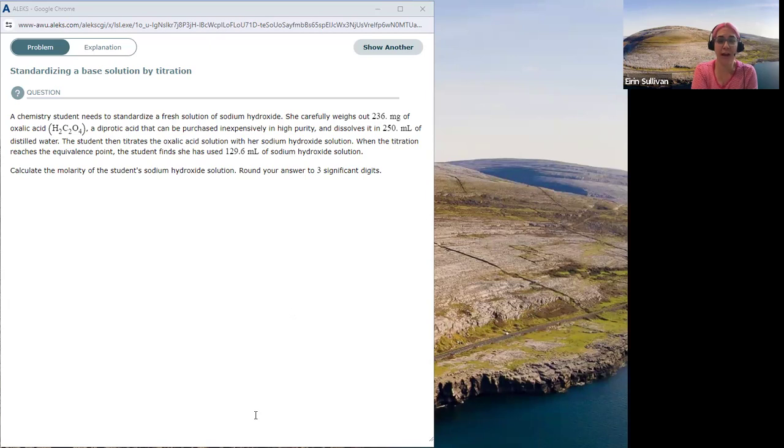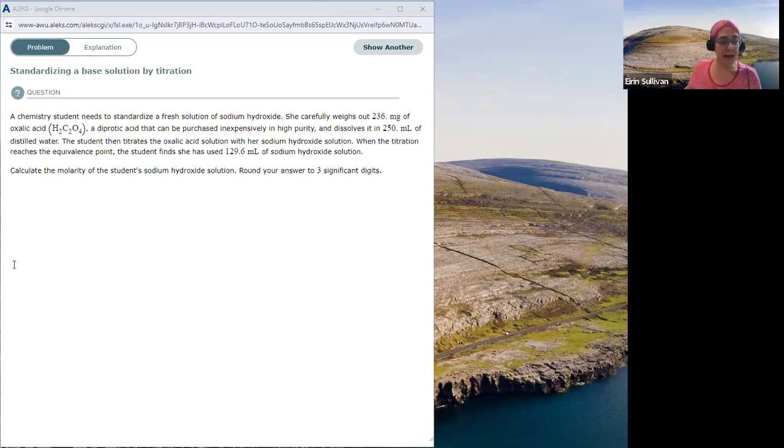Therefore, we know very accurately how many moles of acid we've used. So we will also know how many moles of base it takes to neutralize that. And if we're using some very accurate glassware, such as a burette, again, we'll know the volume of base dispensed to a high number of sig figs. So that gives us the maximum number of sig figs that we can calculate our concentration to.